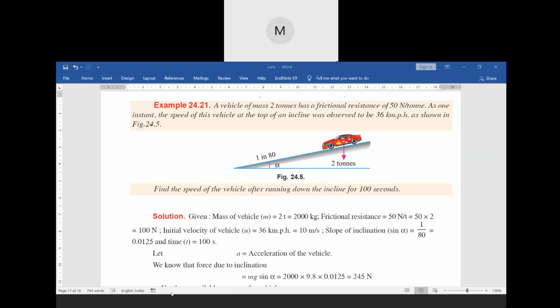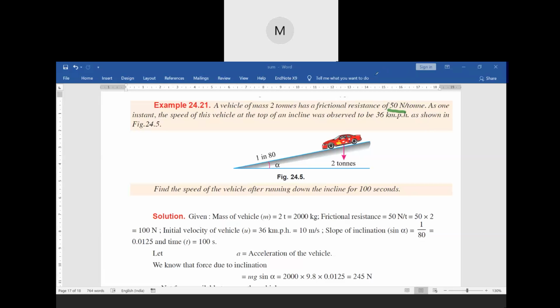The frictional force F, it is given to be 50 Newton per ton, or 50 N per ton. If you can see from here, yes.